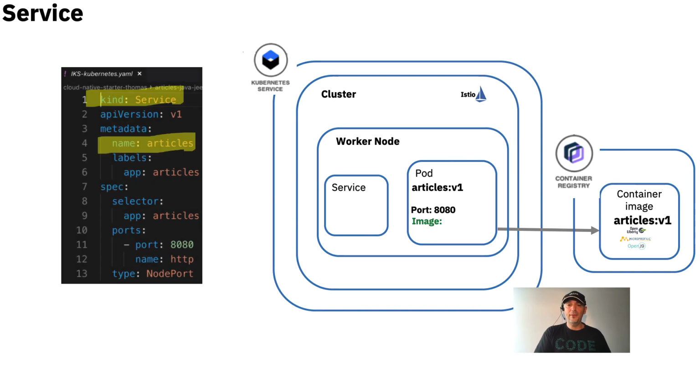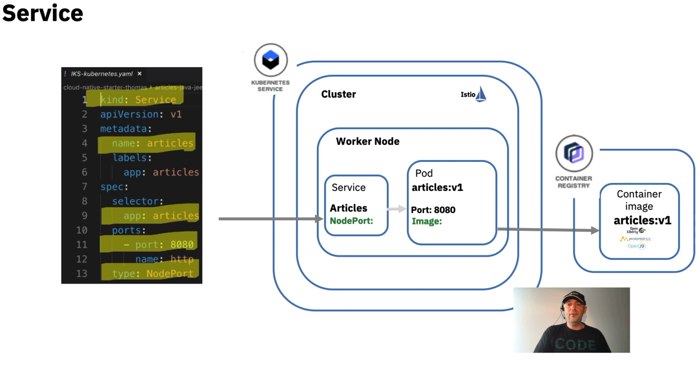We also add the name and port information of our articles microservice so that the service can route the requests to our microservice. The service itself will be accessed by its name and the actual node port, as we can see later.